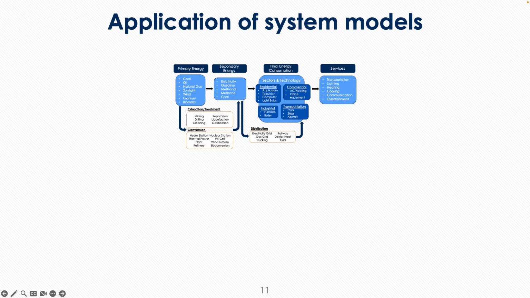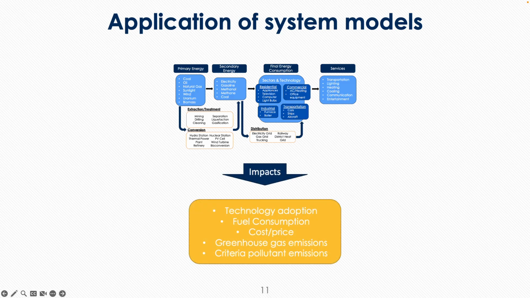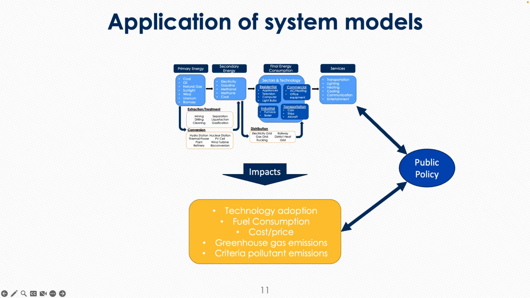But then in the last bit of the class, we're going to be thinking about impacts and how that's often affiliated with policy. We're going to look at a bunch of case studies on applications of systems models that have helped to shape policy decisions.